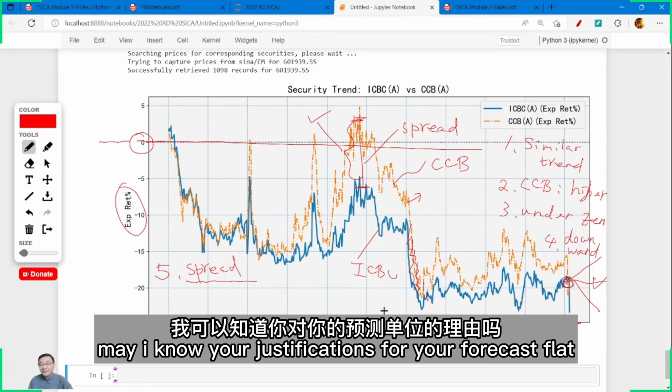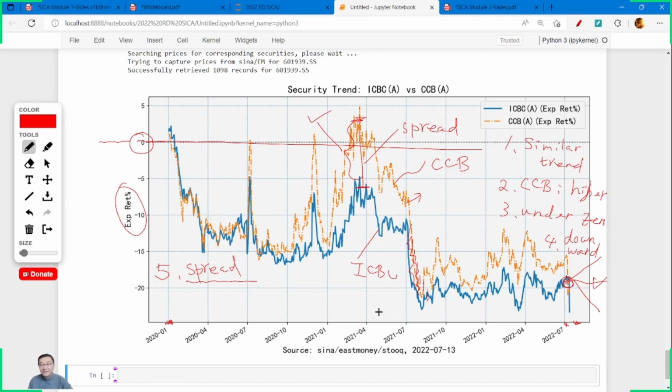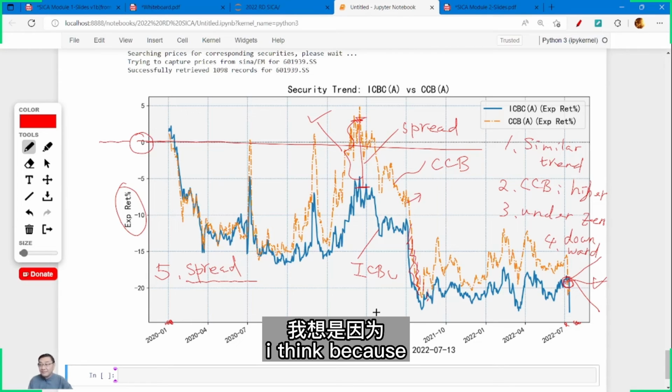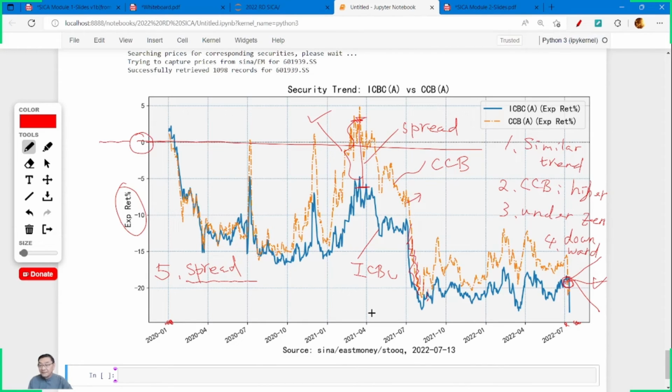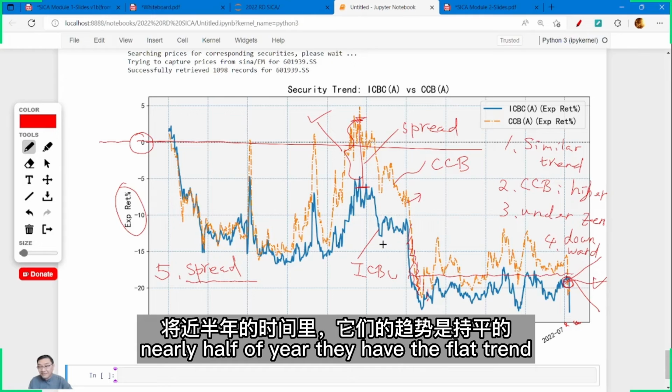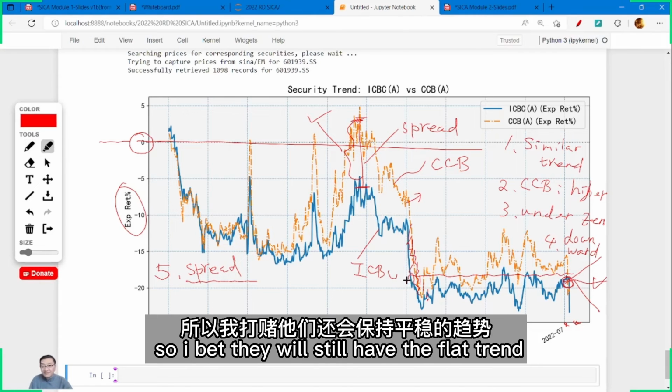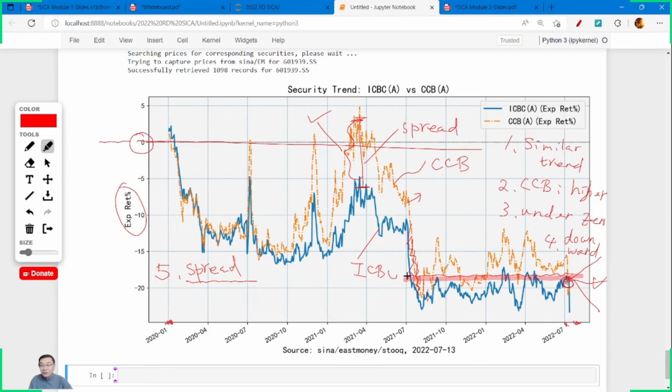I think because nearly half of the year they have had the flat trend, so I bet they will still have the flat trend. That's a good reason, right?